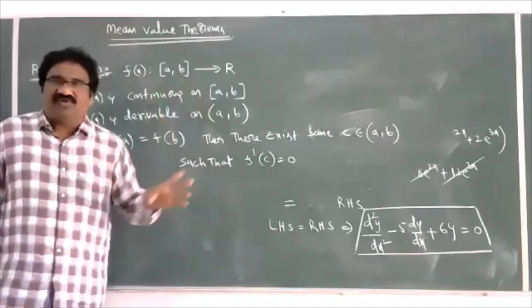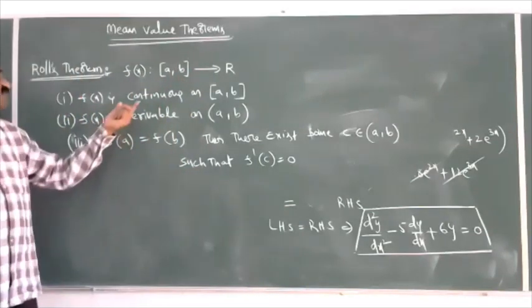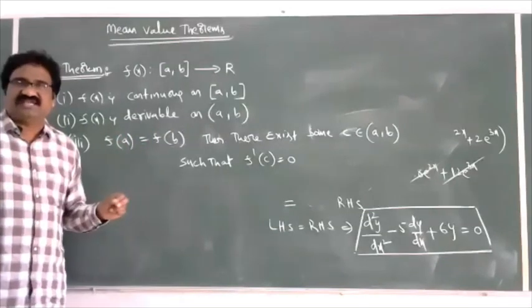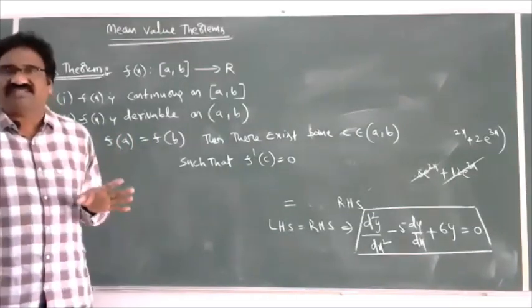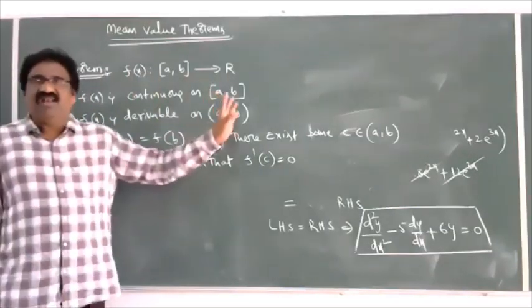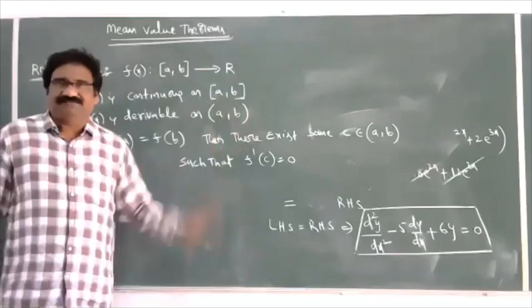If the given function f of x satisfies these three conditions, then we say that f of x satisfies Rolle's theorem in the given interval closed a comma b.